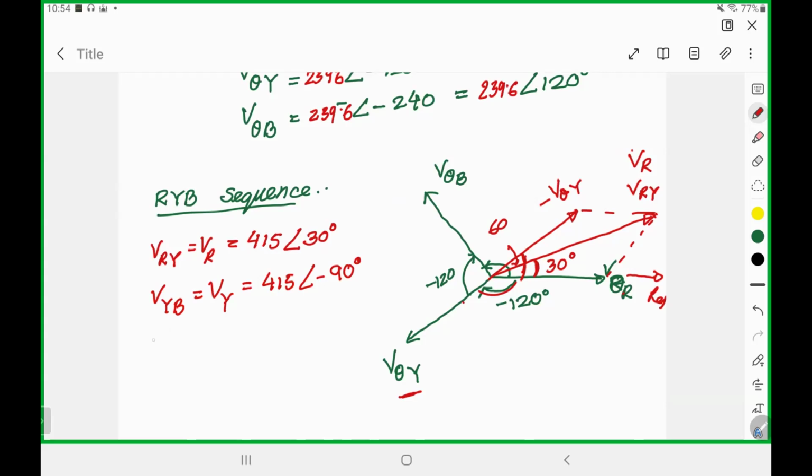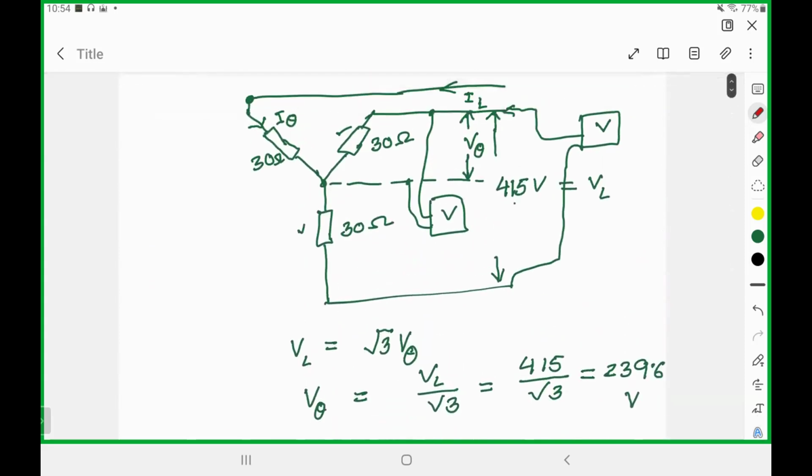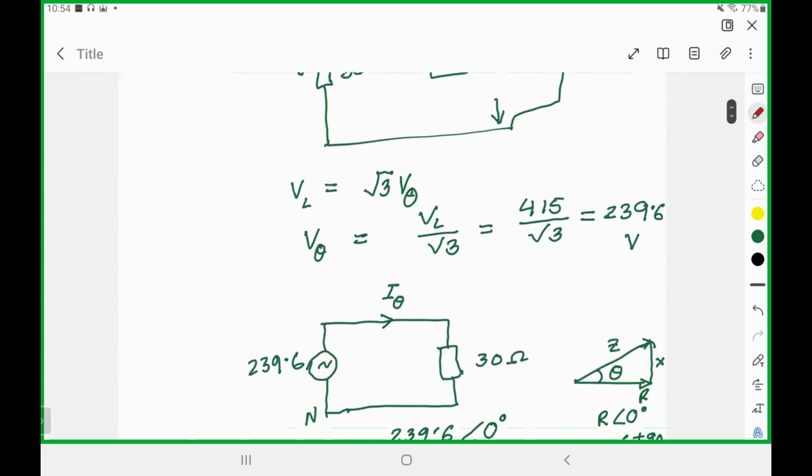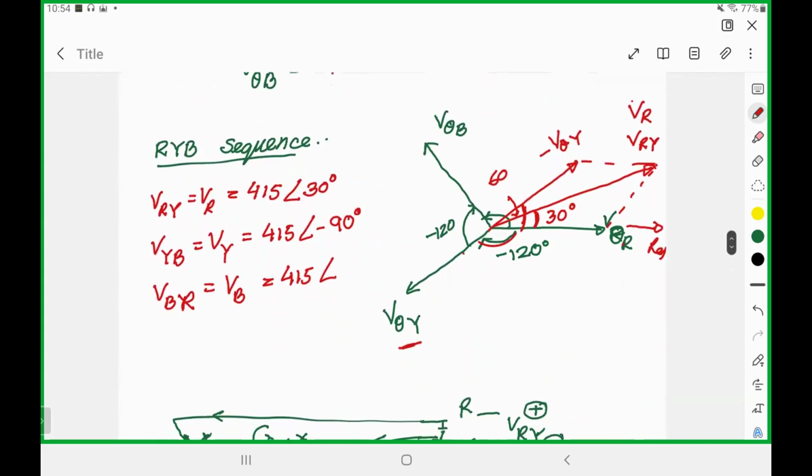Similarly, we can find out VBR, which is equal to 415, and that was minus 240. So we can write minus 240 plus 30, so that will be minus 210. Or we can just write it is shifted further, 120 plus 30, that would be 150.